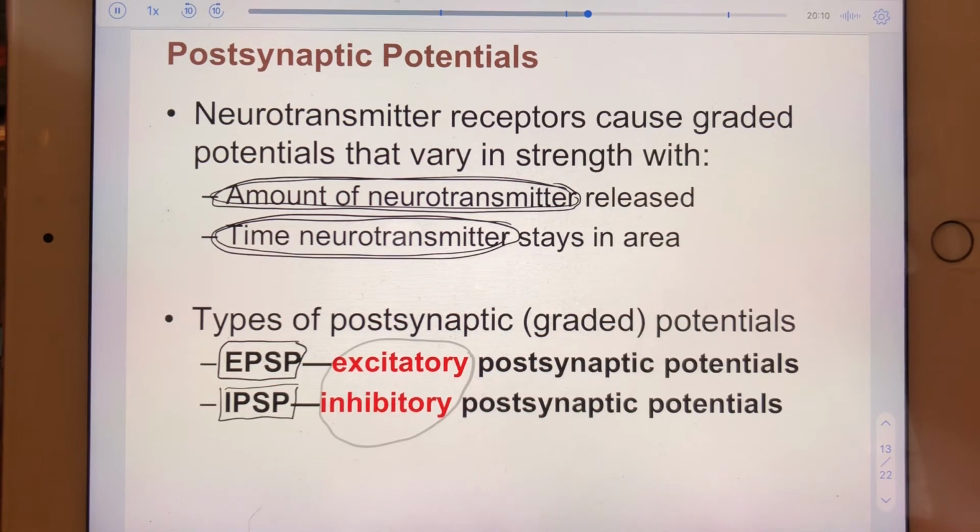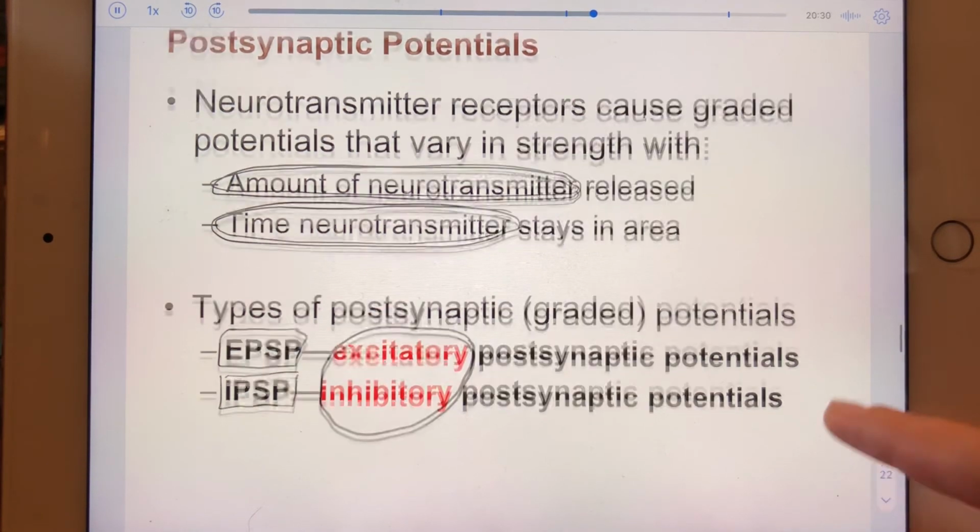IPSP stands for inhibitory postsynaptic potentials. It simply means the graded potential inhibits the postsynaptic neuron from secreting its products. Okay, so I really want you to focus here. Hopefully that's clear. Next slide.